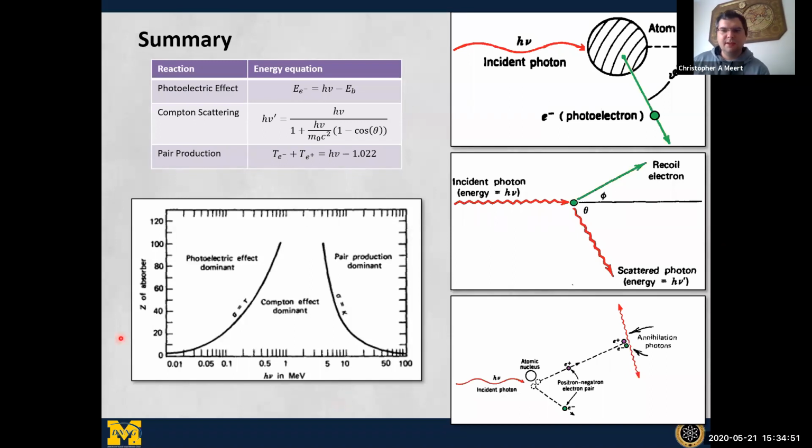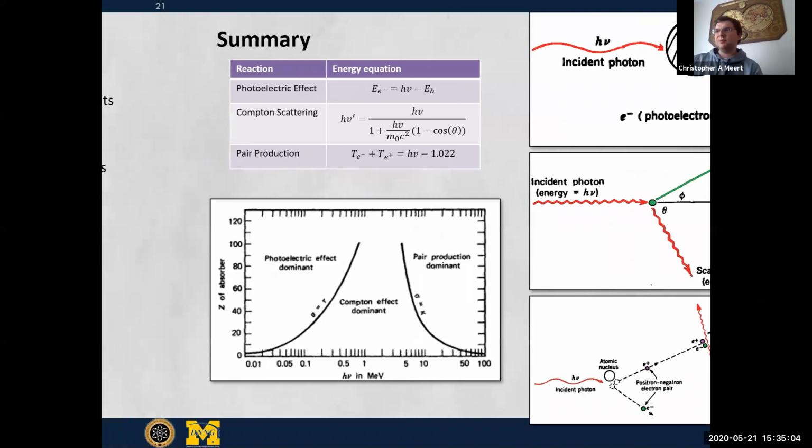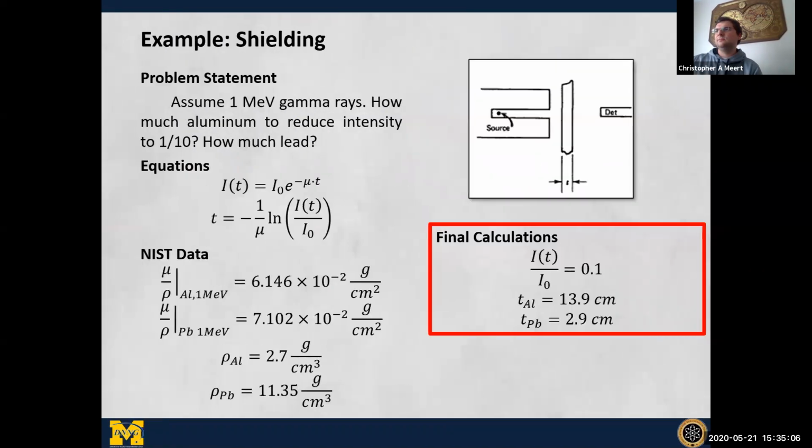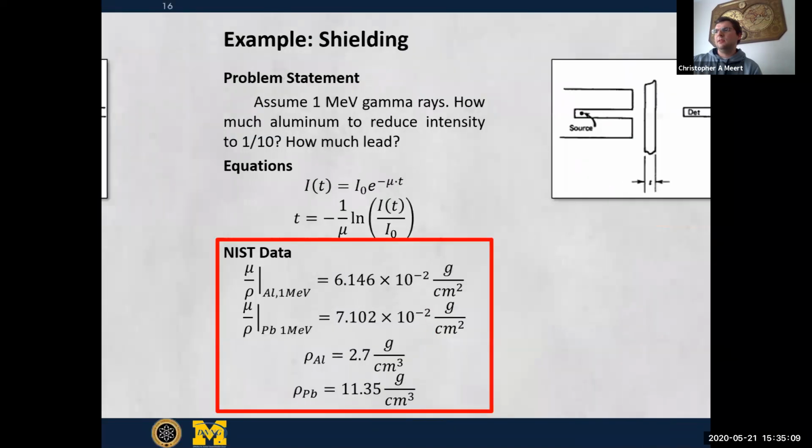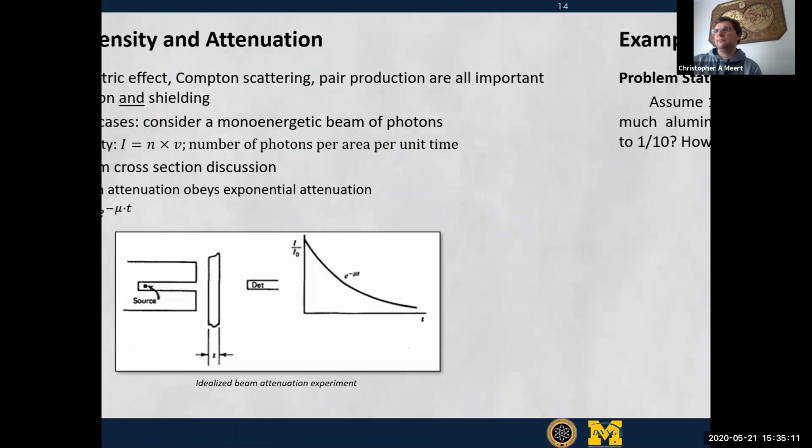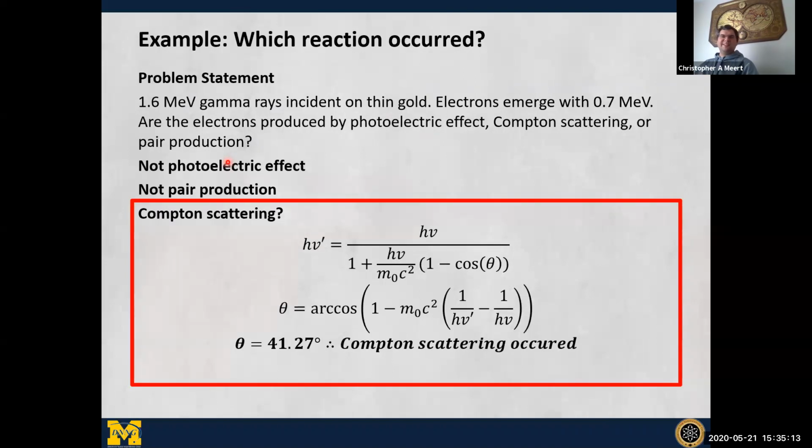Question about the example problem. We were able to find an angle between 0 and 180. That means it's Compton scattering. Could we rule out Compton scattering if theta was outside 0 to 180? So let me scroll back. This is a very simple problem, and I would wonder how you could make a problem such that none of these occurred and still have it be a physical process.